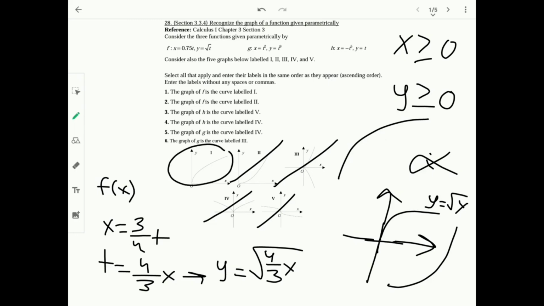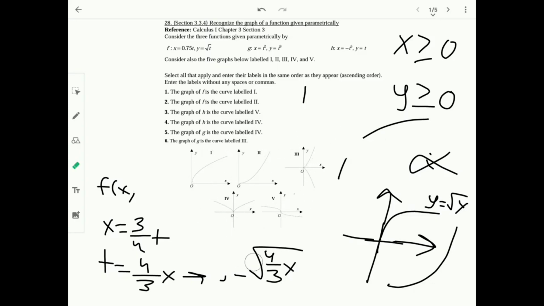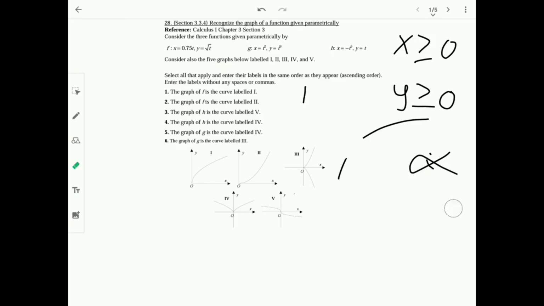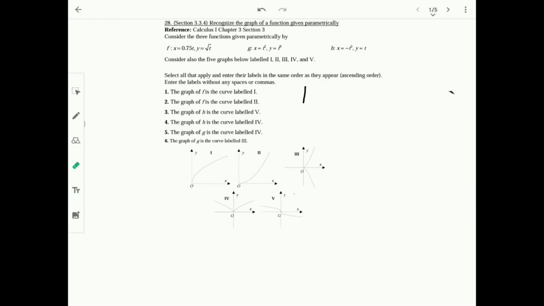So now the graph of f is the curve labeled I. See, I'm not solving it the way you would solve in a written exam, because this is a multiple choice exam or an interactive exam. They don't need to see our working. What they need to see is basically a correct answer, right? So in short, all you need to do is reason it like this, and then you should get every answer correct. Let me just erase all this and let's move on to the next one.